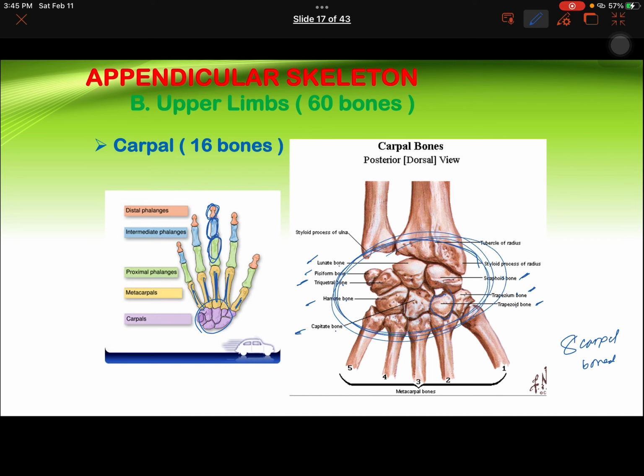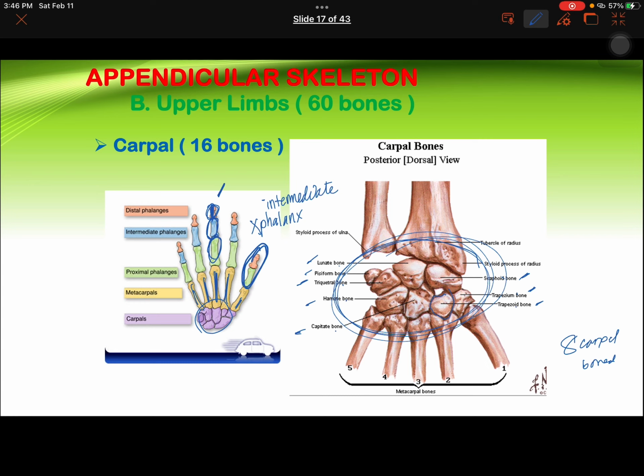Your distal phalanges are distal because they are the farthest of your phalangeal bones. The intermediate phalanges are the ones found in between. And the proximal phalanges are the ones close to your metacarpals or the palm bones. Your thumb does not have an intermediate phalanx because it is short.